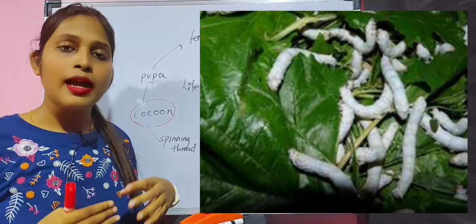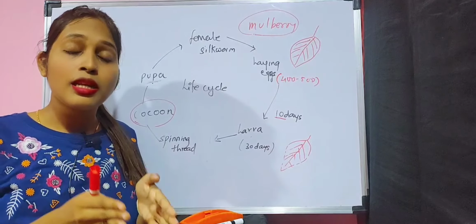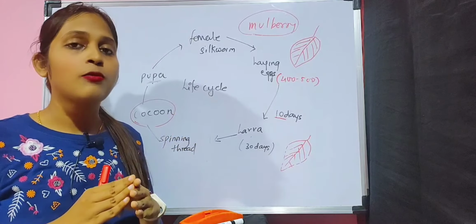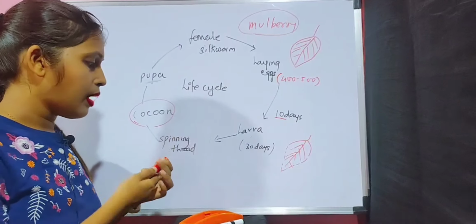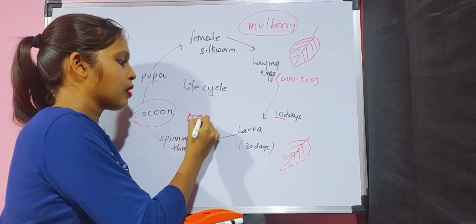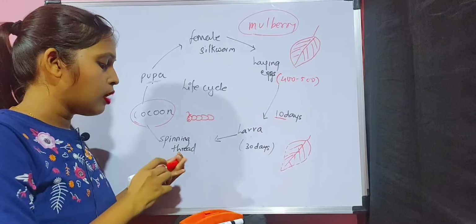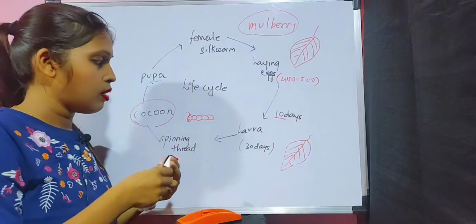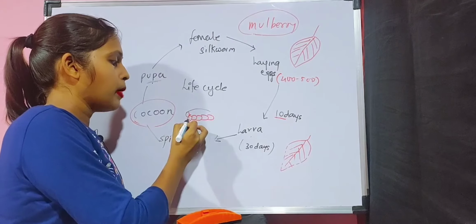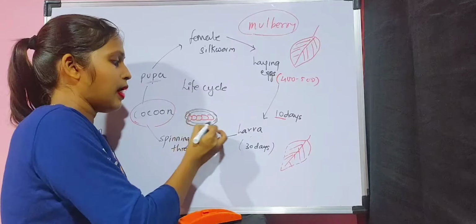It keeps on eating for 30 days, and while it keeps on eating, it keeps on increasing in size. Once its feeding is done and its stomach is full, the mouth of the silkworm is going to make a thread-like structure, and it is going to cover its entire body.